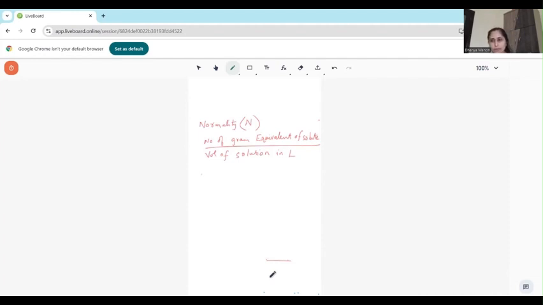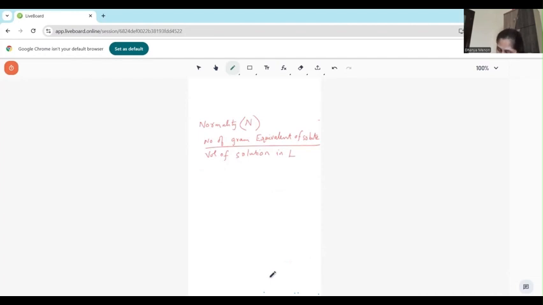For explaining number of gram equivalents, I will just write down the formula for moles, so that I can compare and it's easy for you to remember.